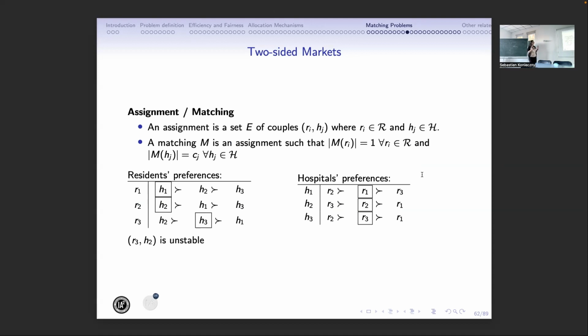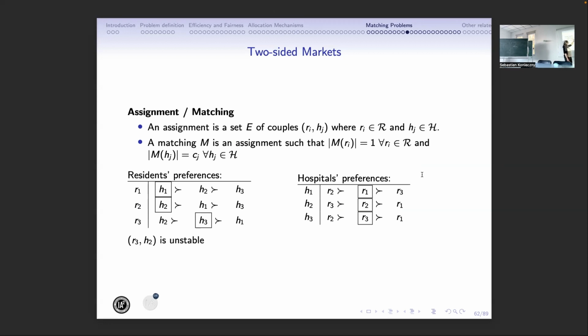And we want to make an assignment. In fact, more than that, we want to make a matching, because an assignment is a set of couples where we match one resident with one hospital. And in a matching, we have constraints.